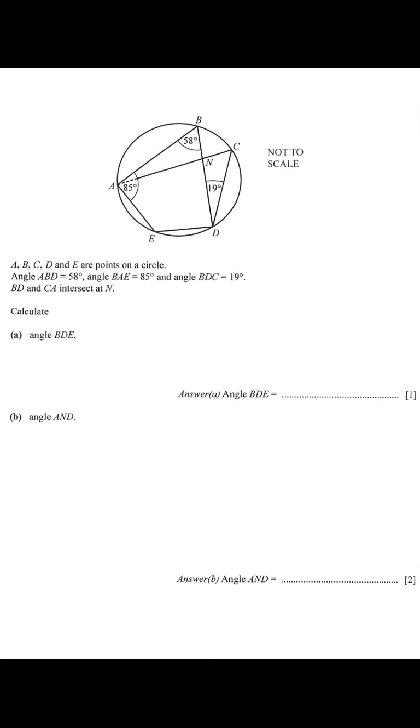And when you have a cyclic quadrilateral, the opposite angles add up to 180. So the angle we're looking for and the 85 that's at A add up to 180. So BDE equals 180 minus BAE because of the cyclic quadrilateral, 180 minus 85, which is 95. So the angle BDE is 95.